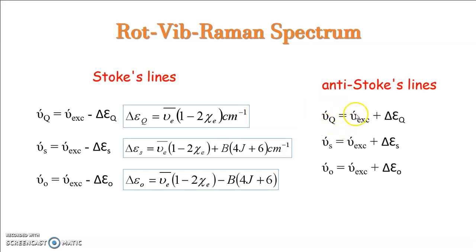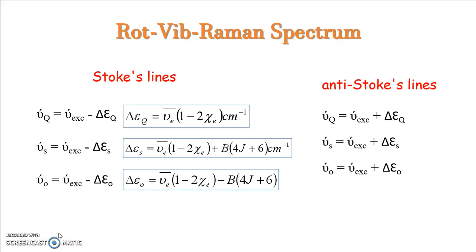It will be nu bar Q equal to nu bar excitation plus delta EQ, thus an increase in frequency from the exciting radiation, and where also we can get nu bar S and nu bar O. That is, we can have in the rotational vibrational Raman spectrum the Stokes and anti-Stokes lines appearing at either side of the exciting radiation, with nu bar Q equal to nu bar excitation plus or minus delta EQ, and likewise for S and O. The plus sign indicates anti-Stokes lines and the minus sign indicates Stokes lines.